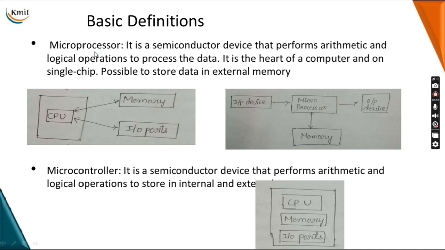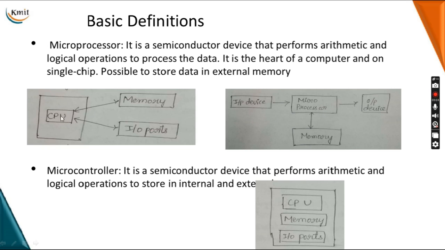So the microprocessor is the heart of a computer, nothing but a controlling unit wrapped up into a single chip. Micro means a small chip that performs various operations, arithmetic, logical, any type of operations, to process the data depending upon the requirement of the output device, or you can call it the user.